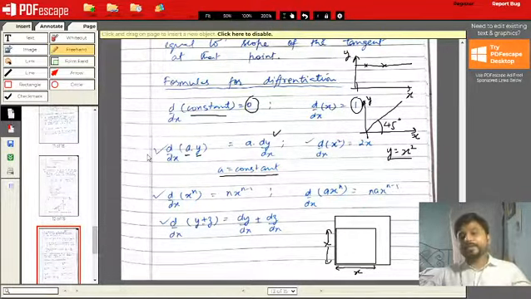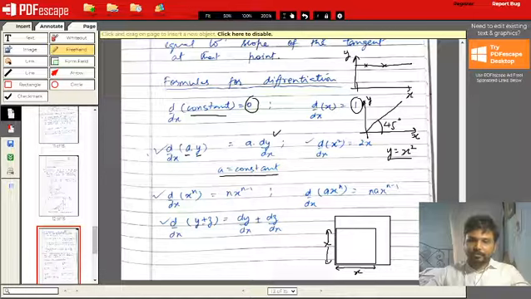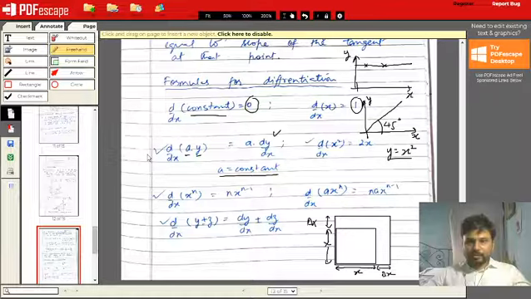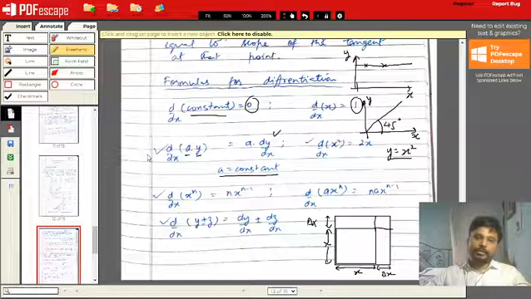Now let us increase the size of the square. Let's say the side of the square is increased by delta x. This side would also increase by delta x. If we were to divide this new square into these new parts, this is x, this is delta x, so this is x delta x.